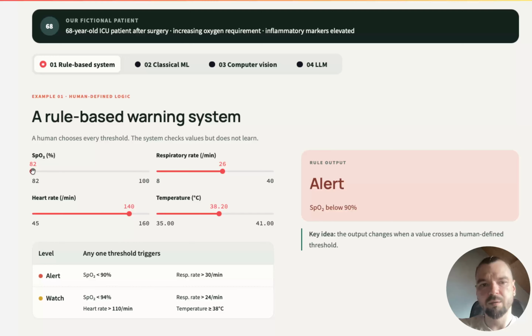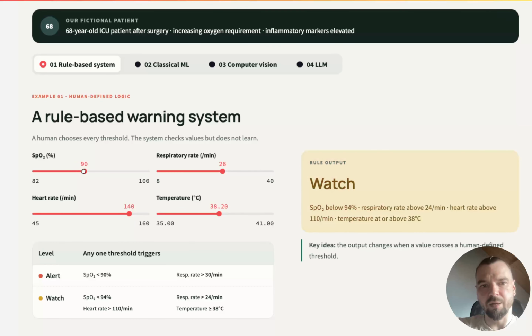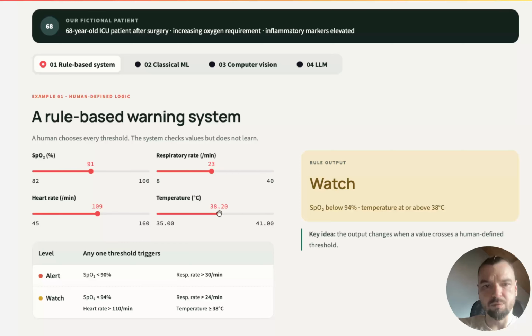The second problem with these rules is that, for example, these conditions currently will be considered as everything is okay, but likely it is not. This patient is considered as fine, and if we just increase heart rate a little bit, then maybe it's already a problem.